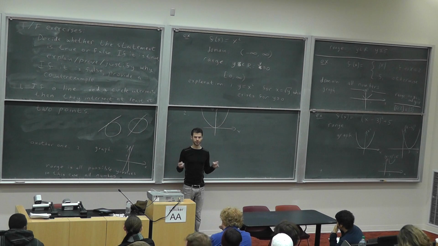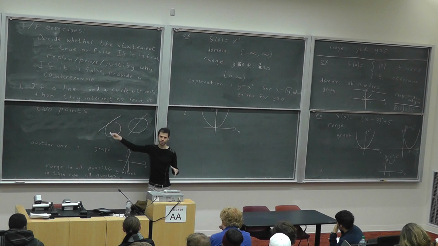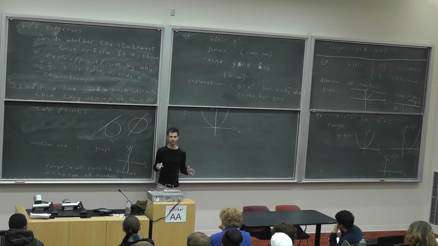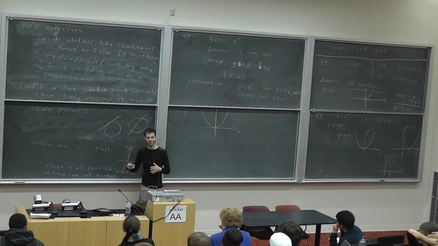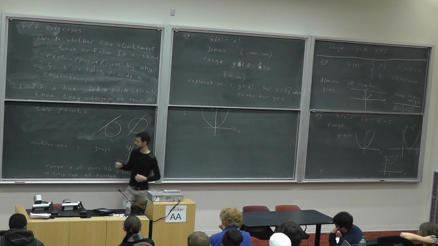Probably if you had this example of tangent and you said that tangent does not intersect, just touches, you'll get half the points for this question because you understood the essence of the question but didn't quite get the right notion of what intersection means.